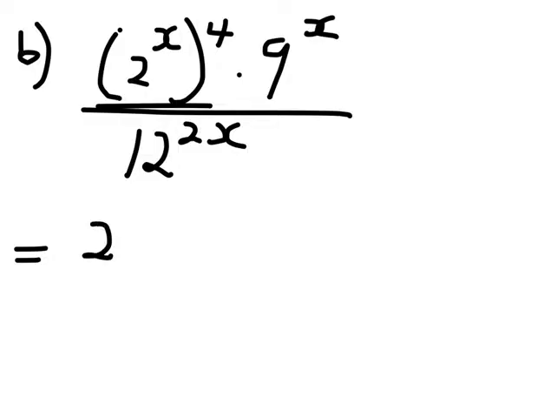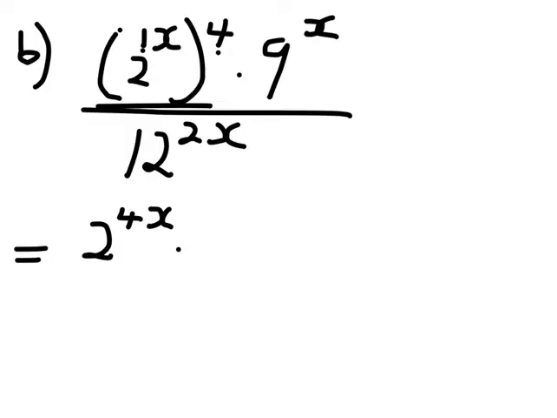So you have 2 to the exponent of that invisible 1x multiplying 4. So the 4 will multiply the 1. 4 times 1 is 4, and because there's a letter there, you just write it as it is. Then this is multiplying 9.